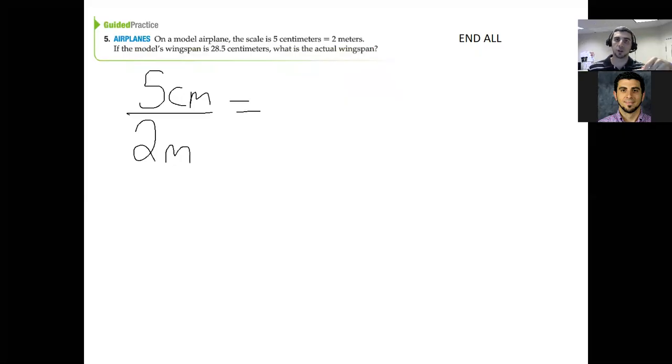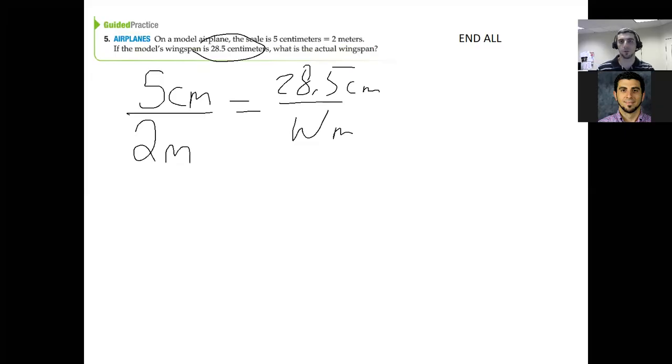If you did actual over scale, your fractions are just going to be flipped of what I wrote. I'm not going to go through both ways here. Now, the 28.5, where does that go? Numerator or denominator for how I set it up? Right, the numerator. So 28.5 centimeters, and that's over W meters, all right, for wingspan.